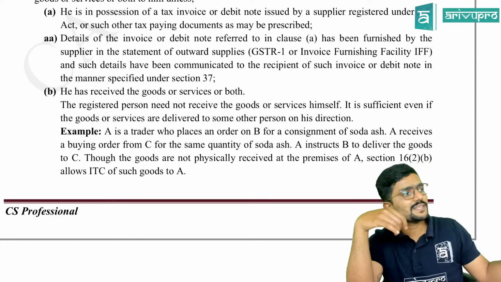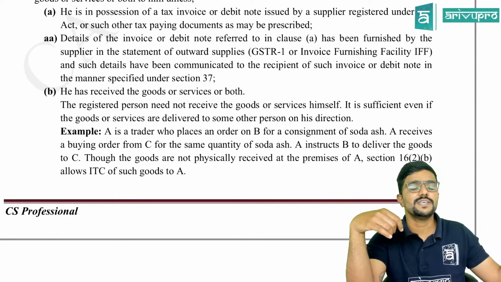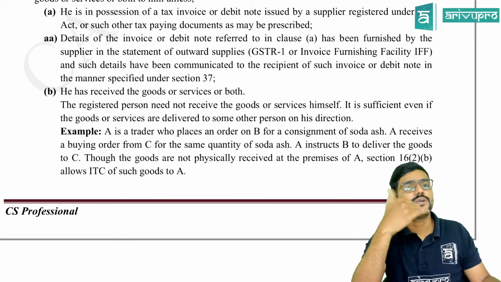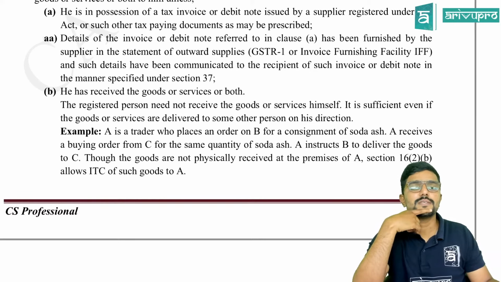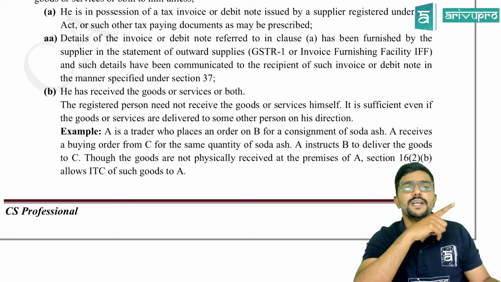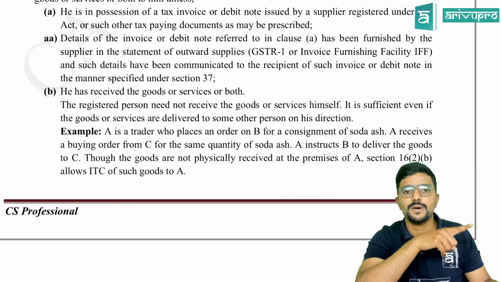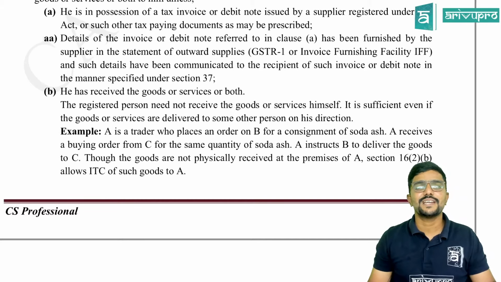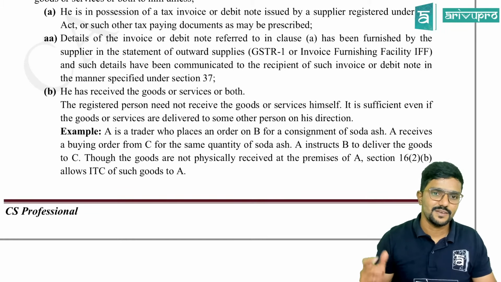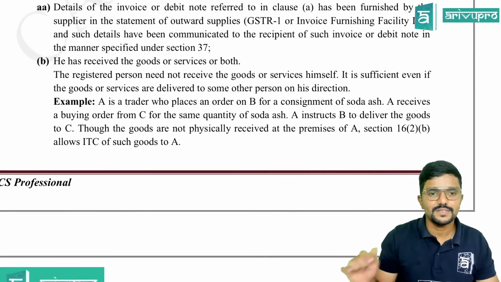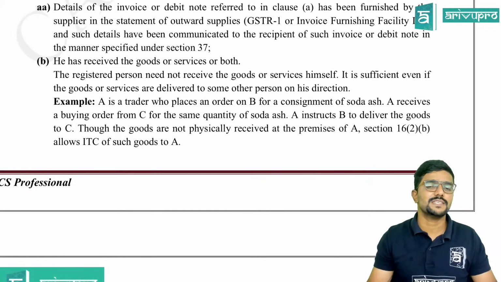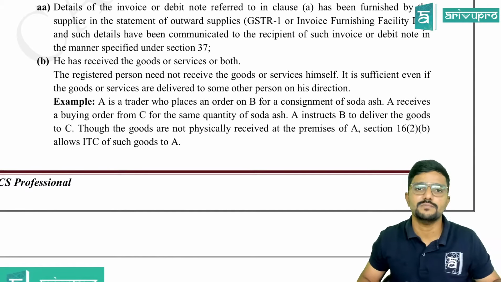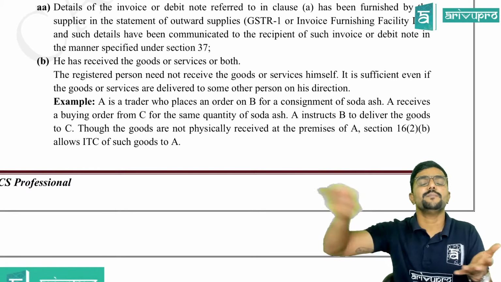So if the supplier has not given the details of outward supply in his GSTR 1, what will the recipient do? The recipient will call and push him to give the details in GSTR 1, because until the supplier gives the details of outward supply in his GSTR 1, the recipient cannot claim the credit. Under the previous indirect tax regime, many people used to claim credit on taxes they had not paid at all, on the basis of dummy bills and dummy invoices.